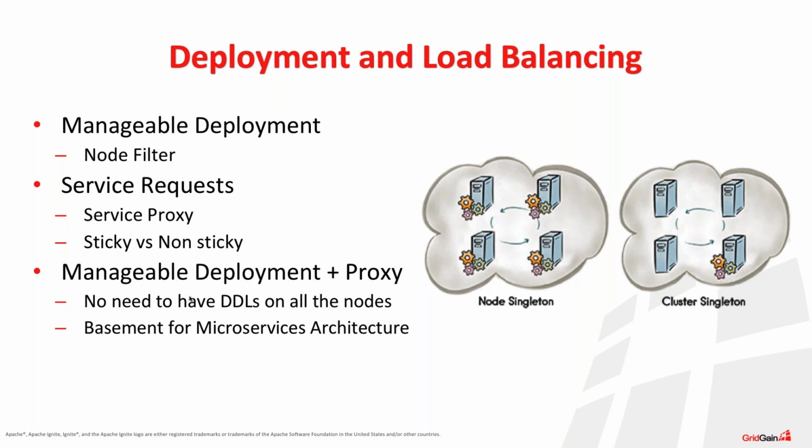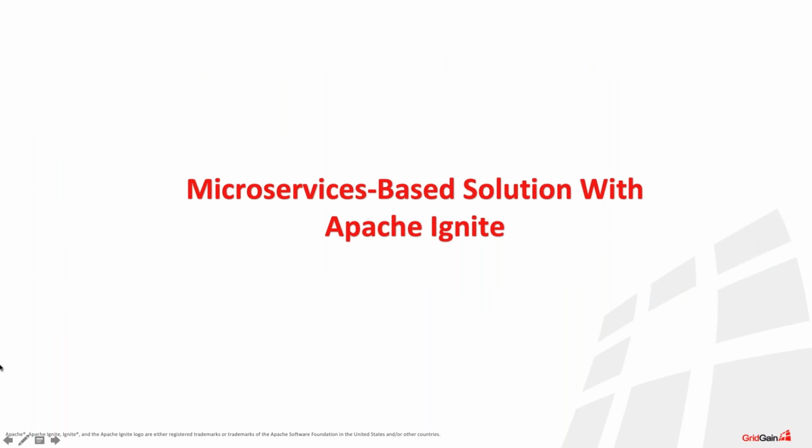For the rest of the nodes in your cluster, you don't need to have service implementations. For instance, if you're going to interact with your services from your application side, then an application just needs to have a service interface in its local class path, and it doesn't need to have a service implementation. This is one of the major points you need to keep in mind, because we use it as a basis for our suggested microservices architecture, which we are going to review in a couple of seconds.